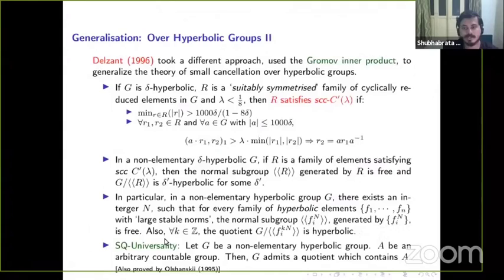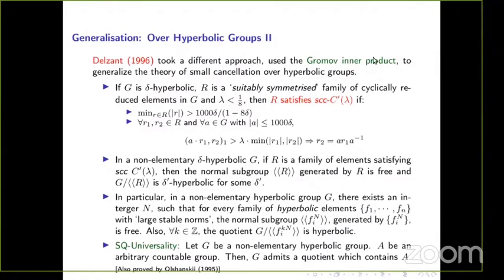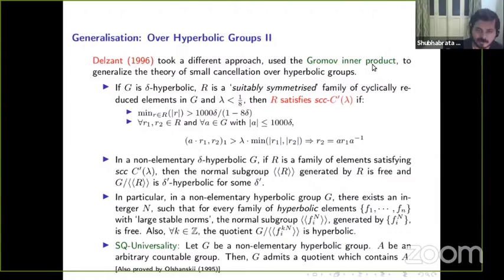Now, another approach to small cancellation over hyperbolic groups is given by Delzant, and his approach was to use the Gromov inner product to define a small cancellation condition. In his definition, he took a G which is hyperbolic, and a set of relators which are suitably symmetrized.